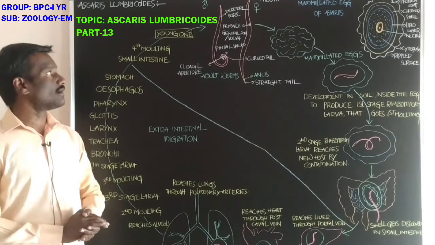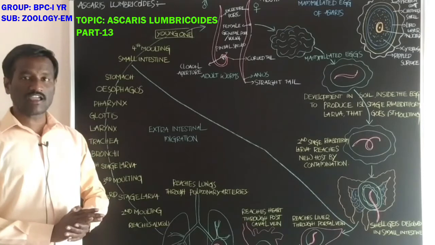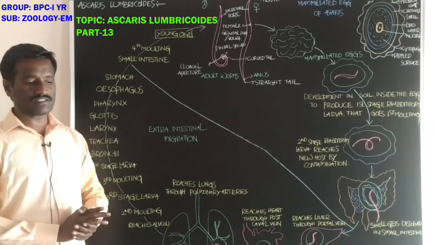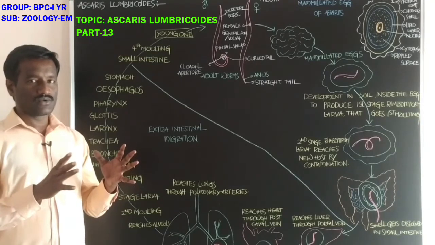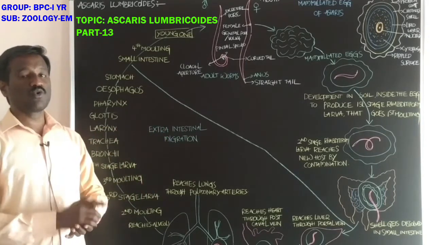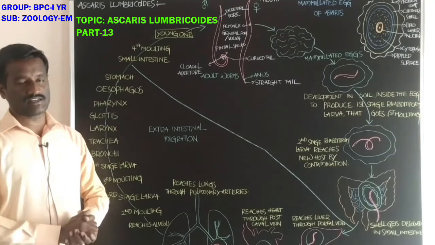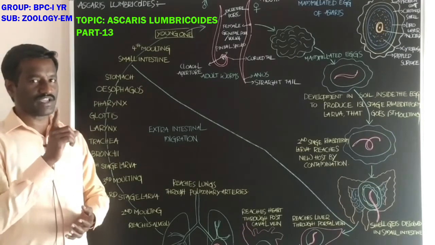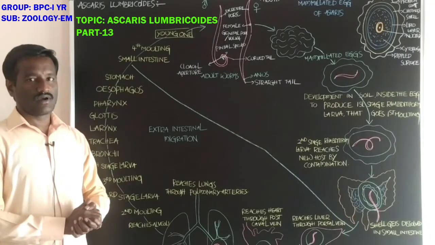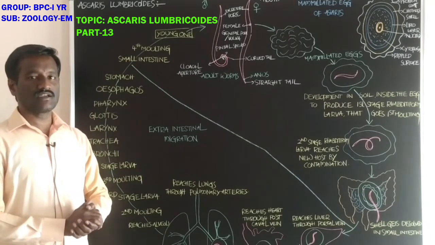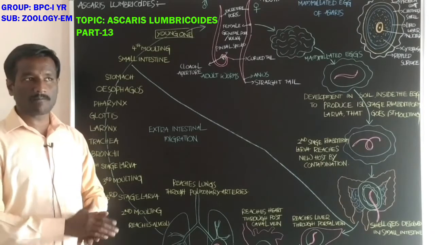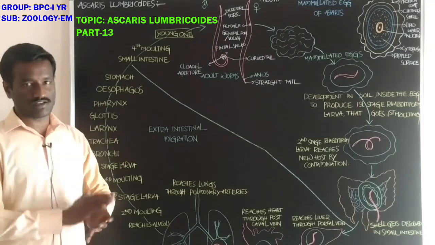Students, it is dimorphic. Dimorphic means available in two different forms, male and female. It is a monogenetic parasite, completing its life cycle in a single host, that is man. It is an enterozoic parasite, as it lives in the lumen of the small intestine.